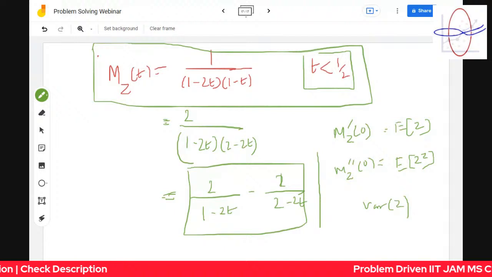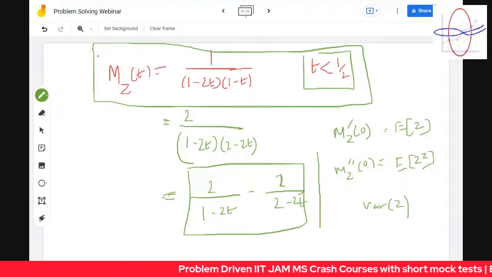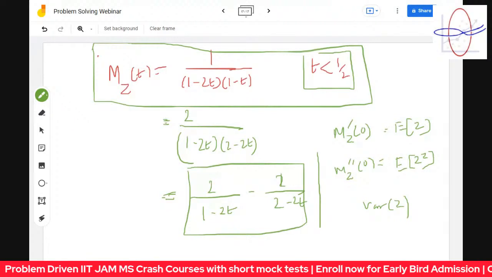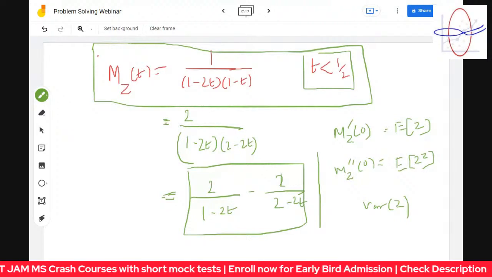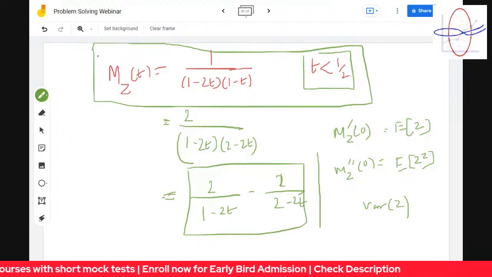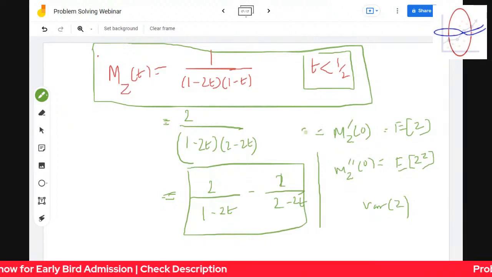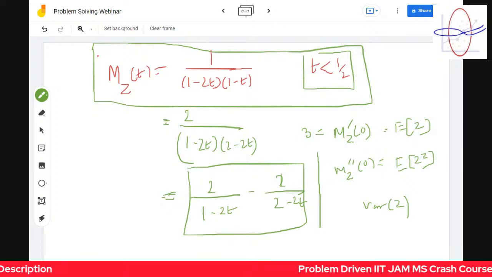Yes, differentiate once, we are getting f dash of 0, we are getting 3. Expectation, we are getting 3. The first derivative is coming out to be this.